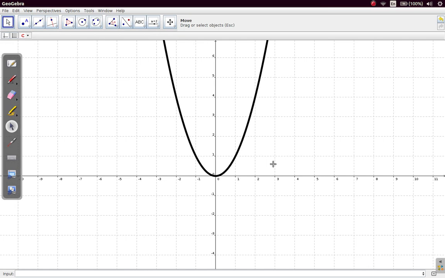Alright, good. So, you can see here that when x is 1, x squared is 1. So it's 1 squared, which is equal to 1. When you have x equal to 2, then x squared, which is 2 squared, is 4.